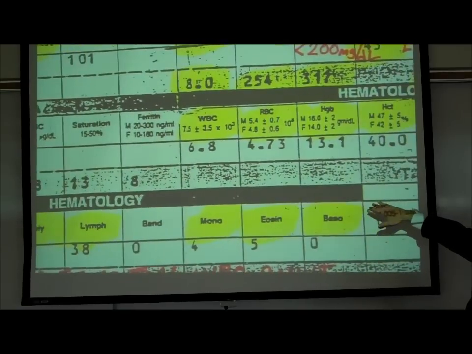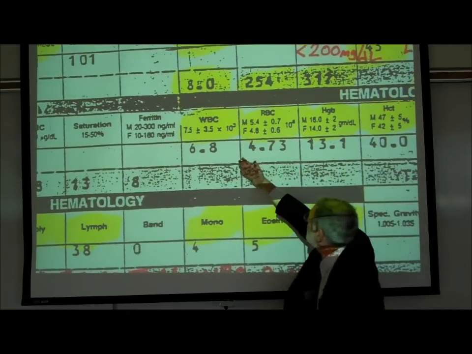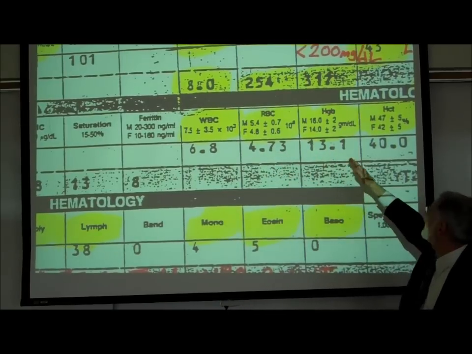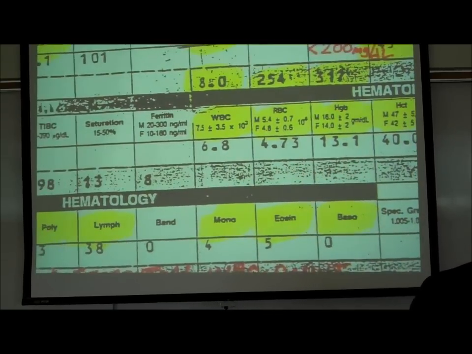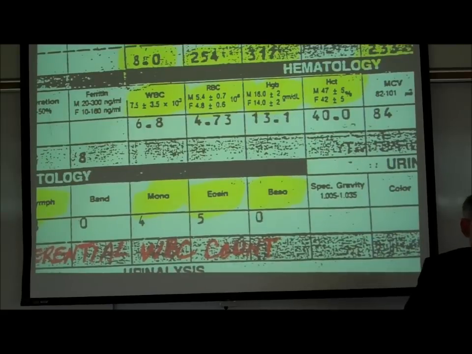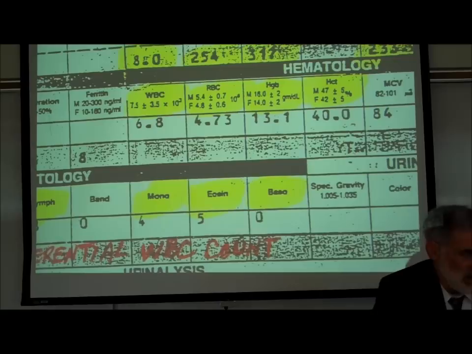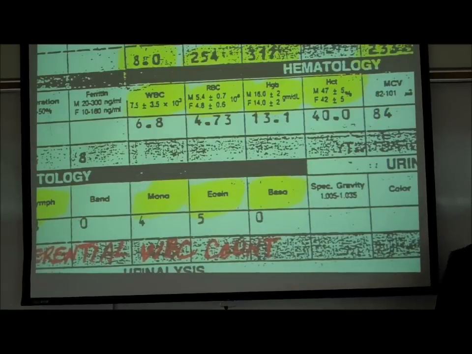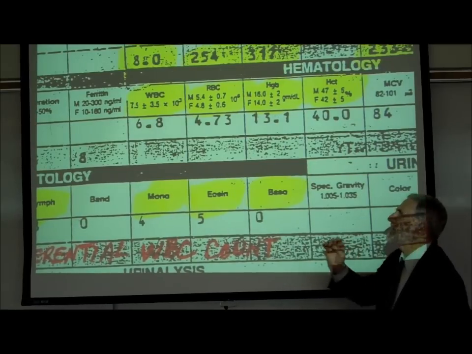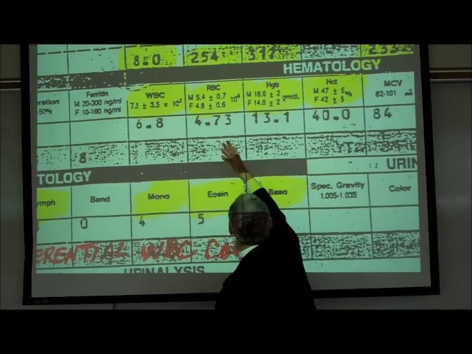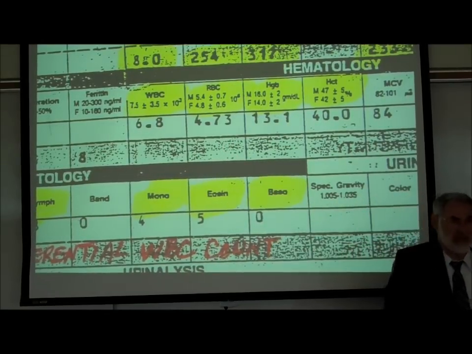And then we get to where they measured the white blood cell count, the red blood cell count, the hemoglobin, the hematocrit, and so on. This is sometimes referred to as a CBC. What's a CBC? A complete blood count. A complete blood count is they want to get the white blood cell count and the red blood cell count and the blood platelet count.